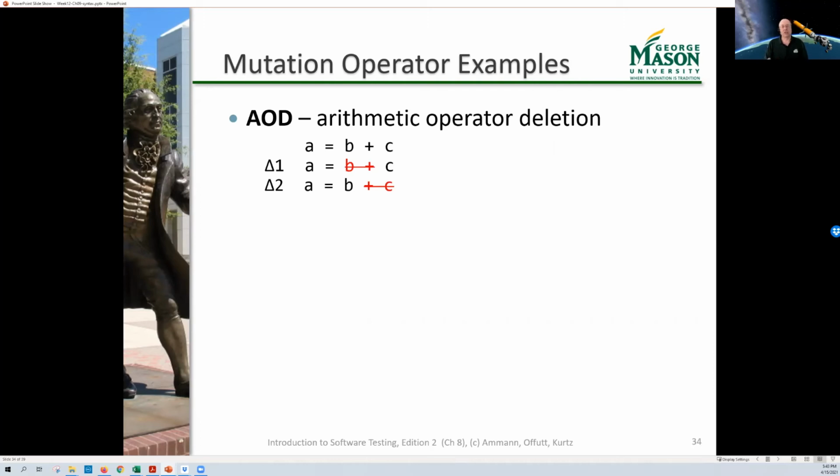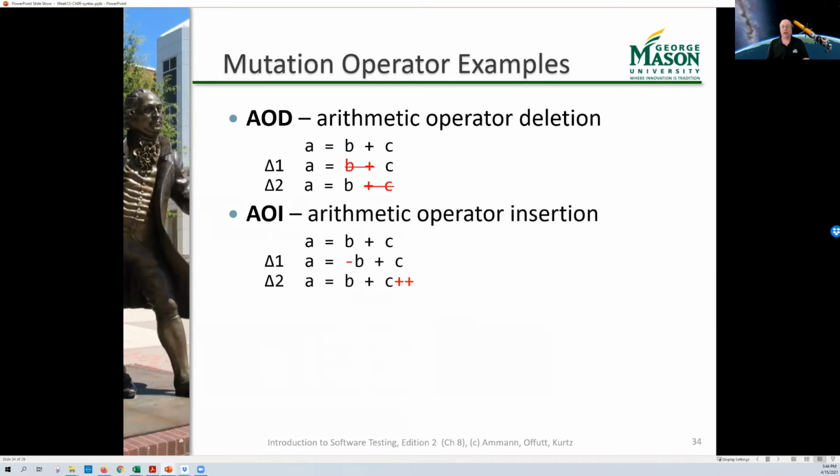So a better version of an arithmetic operator deletion mutation would take the binary operator out and would also take out one of its arguments. And in fact, a better yet version would generate two mutants for each binary operator, one taking out the left argument and one taking out the right argument. So by running an AOD, arithmetic operator deletion, mutation operator, on this original line, A equals B plus C, I would get two mutants. I'd get A equals C and I'd get A equals B.